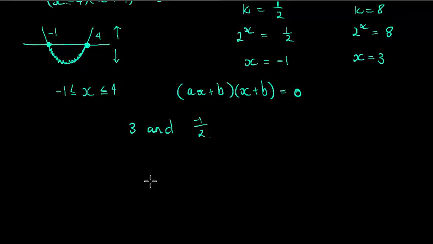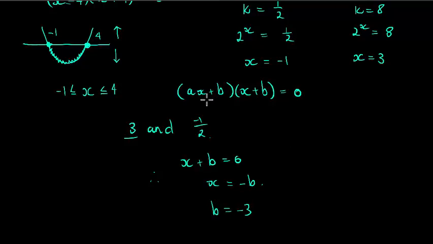That means x plus b equal to 0, so x is equal to negative b. So that must be this one. So if negative b is equal to 3, then b is equal to negative 3.